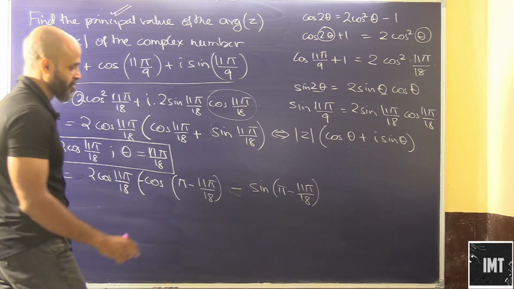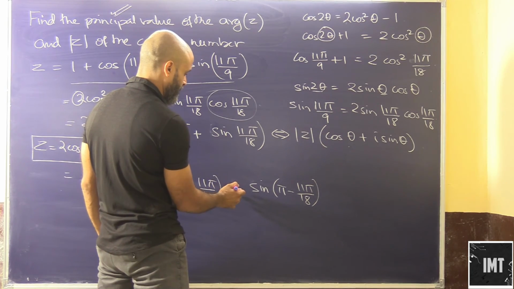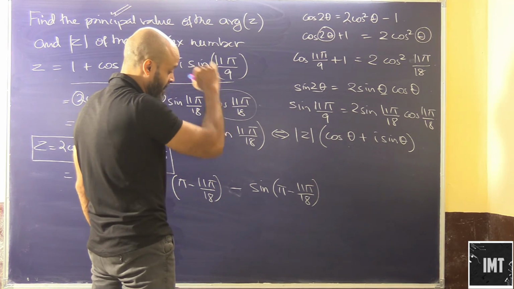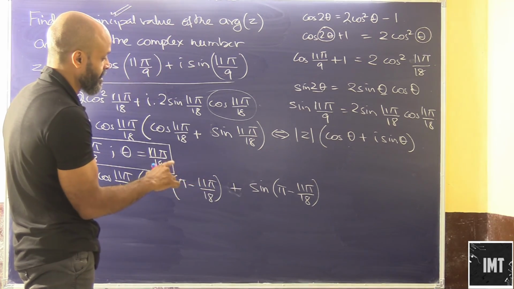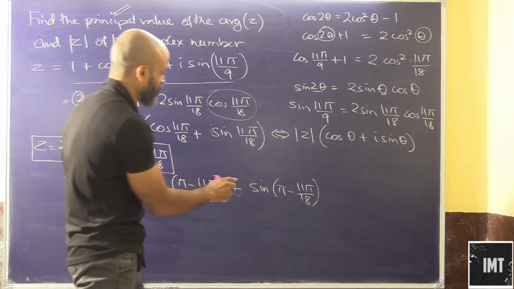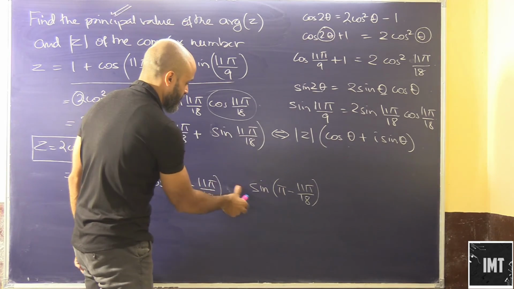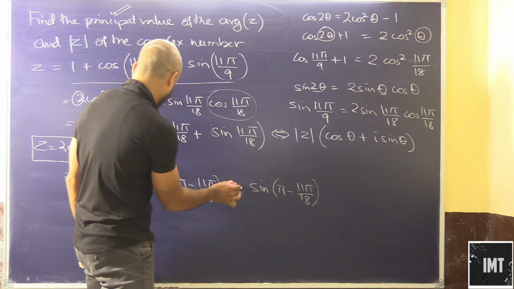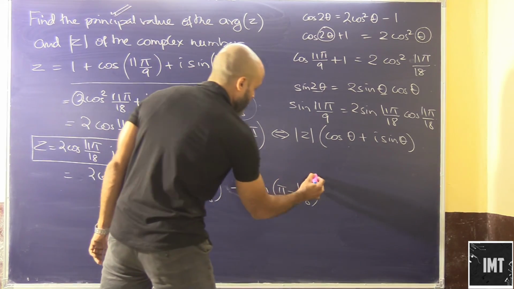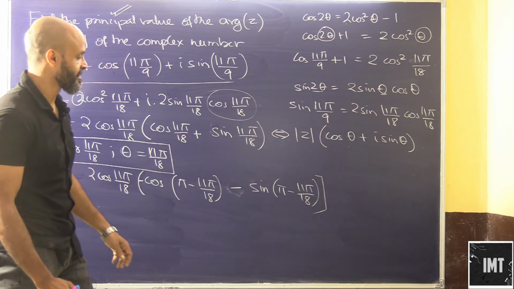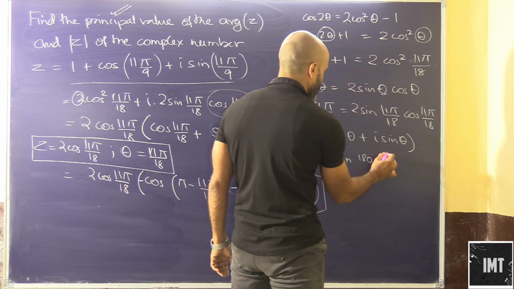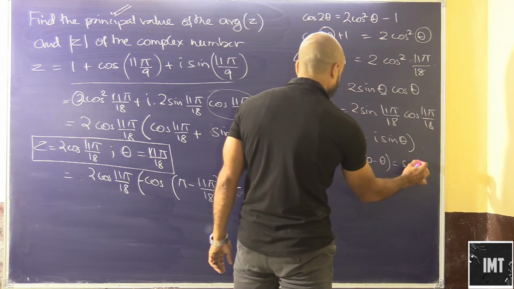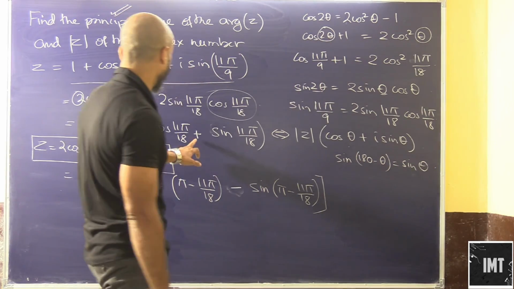So we have here pi minus 11 pi by 18. We can write this as plus sine of 180 minus theta. In this case it will be minus. Why? Because sine of 180 minus theta is equal to sine theta, and here we have a plus.